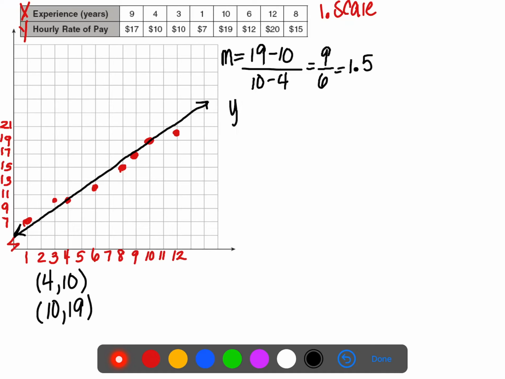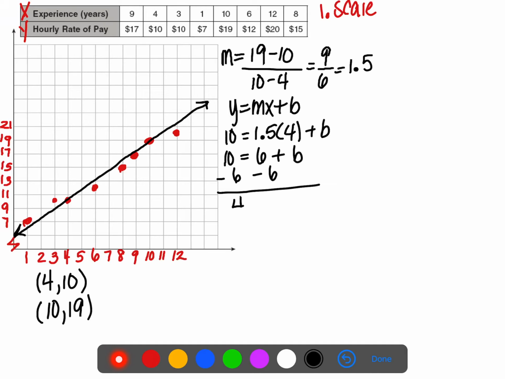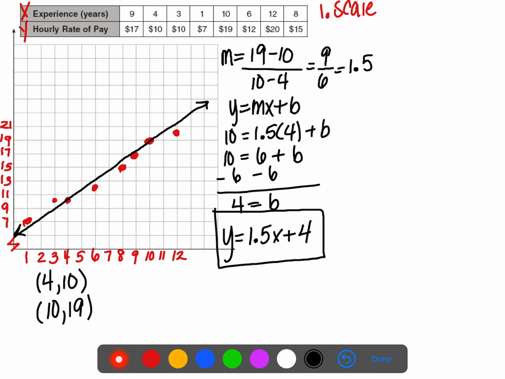And then I'm going to use one of those points, so I'm probably going to use 4, 10, to solve for b. Okay, so I have my slope and my y-intercept. I can get a final answer here. So this is for my best fit line.